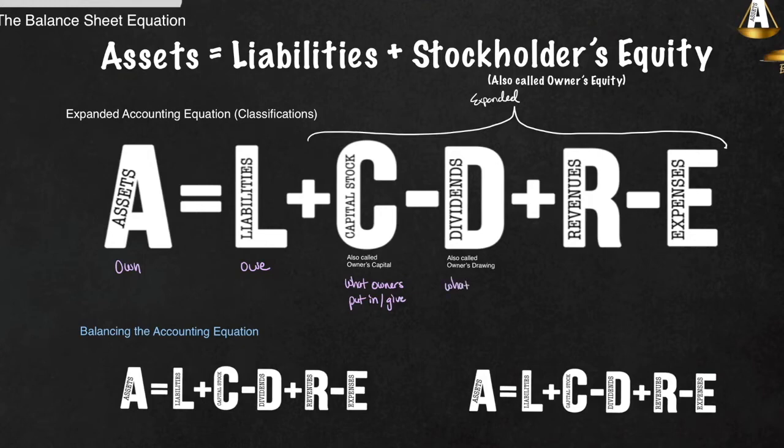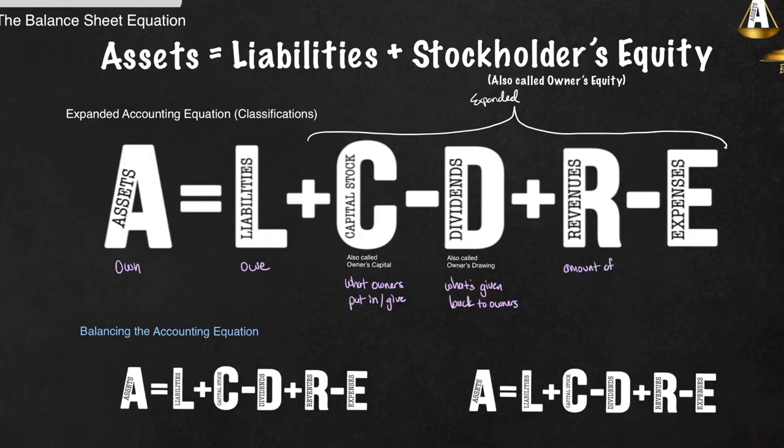Dividends or drawing is the opposite of capital. Dividends or drawing is when the owner receives something back from the business, whether it be money or stocks. They get something back. So capital and dividends, also known as drawing, are opposite one another.